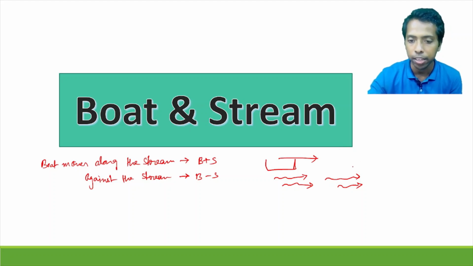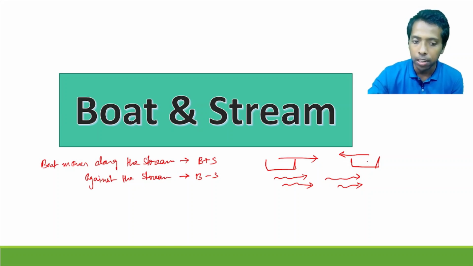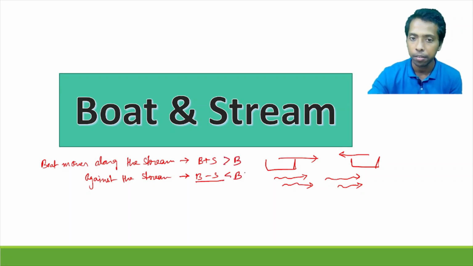And similarly, if the stream flows in this direction and the boat is moving in this direction, that means the boat is moving against the stream, right? So whatever the speed of the boat would be in still water, obviously the speed becomes less if it moves against the stream, because then the speed becomes b minus s. Obviously this quantity is less than b, and this quantity is greater than b, right? So yeah, this is it.